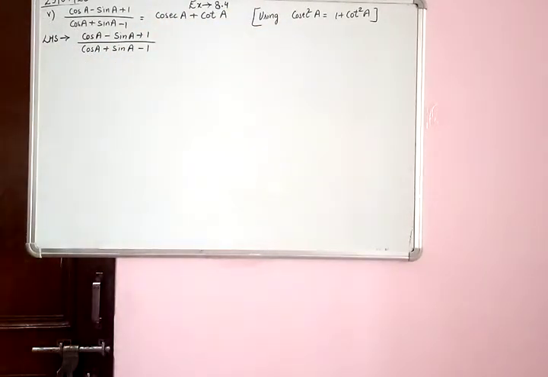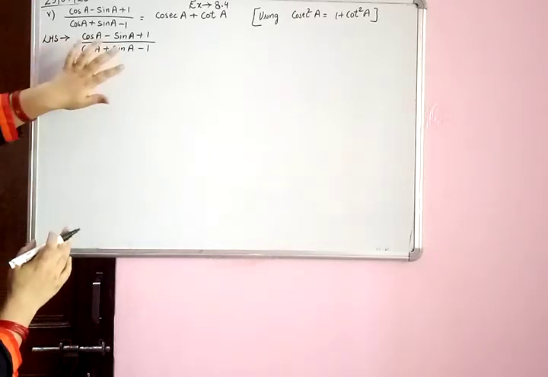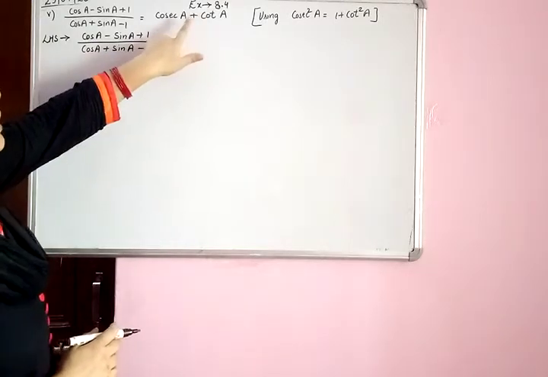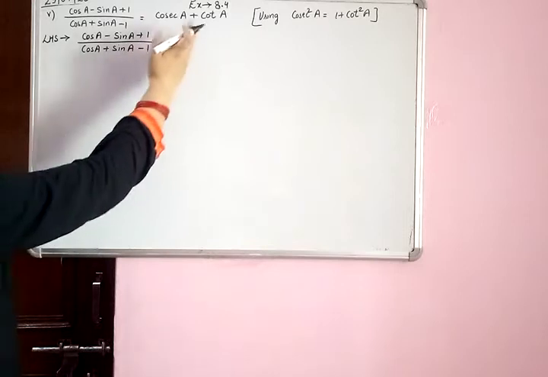So here I have taken the left hand side, (cos A minus sin A plus 1) upon (cos A plus sin A minus 1). Now look at the left hand side carefully. We have sin and cos. But in the right hand side we need cosec and cot. So how can I get cot?